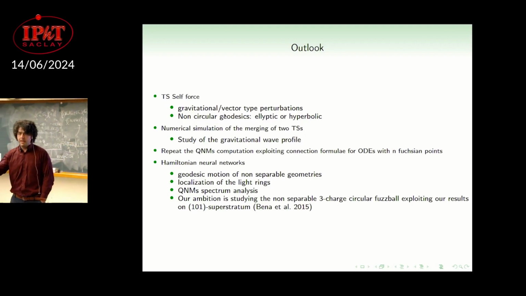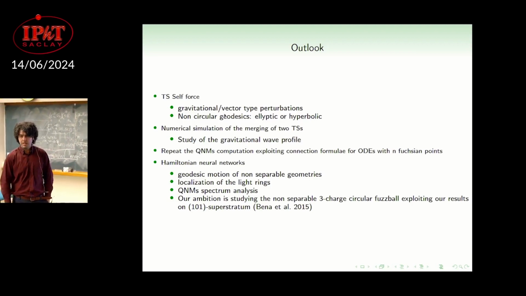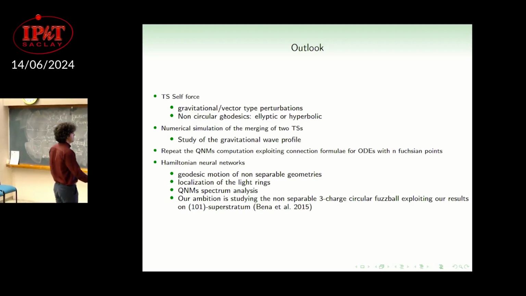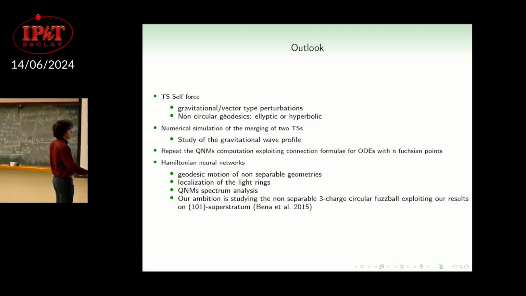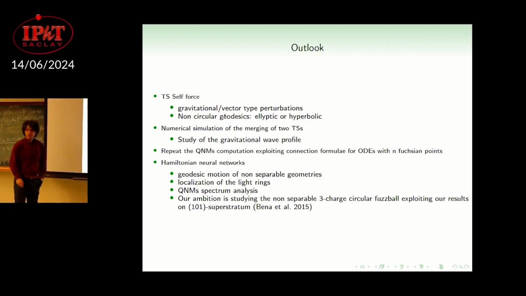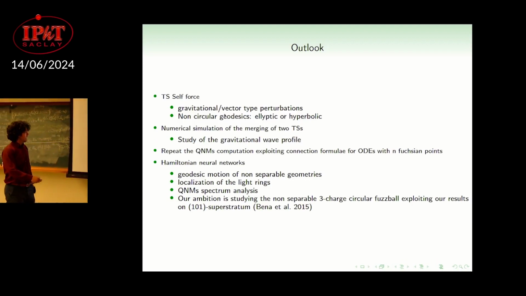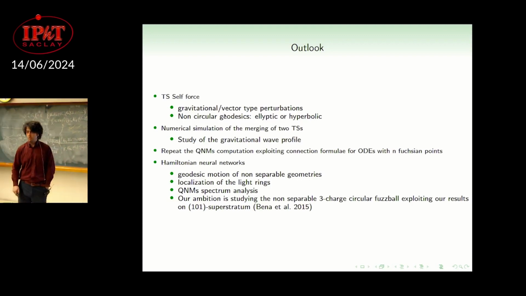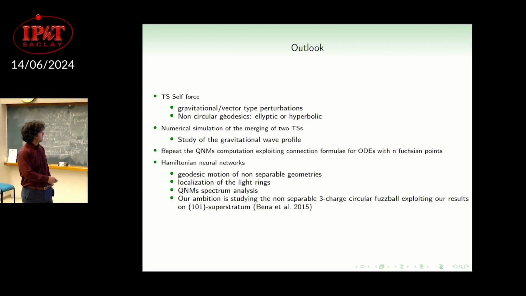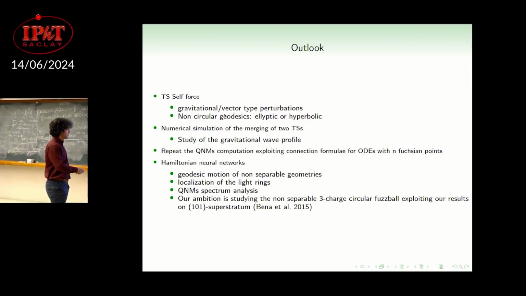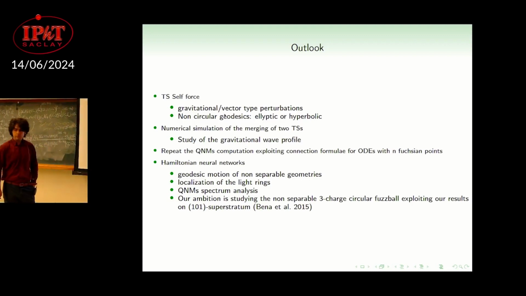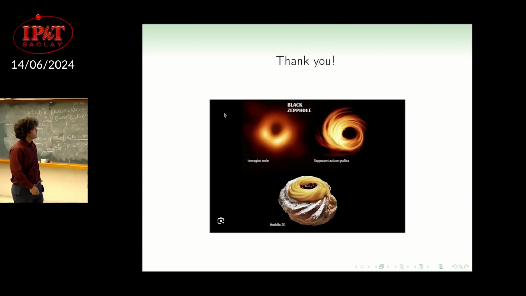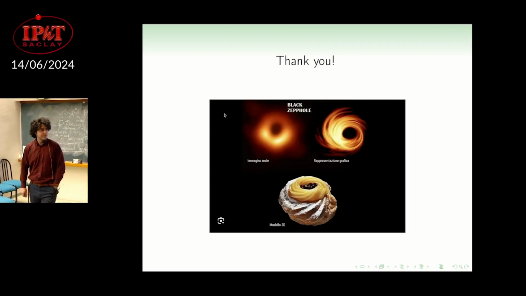And the final aim, but this is a long-standing project, our ambition is to try to study the non-separable three-charge circular fuzzball by exploiting our previous result obtained for the 101 superstratum, which is the near horizon geometry of the three-charge circular fuzzball. Okay, so I finished. Thank you very much.